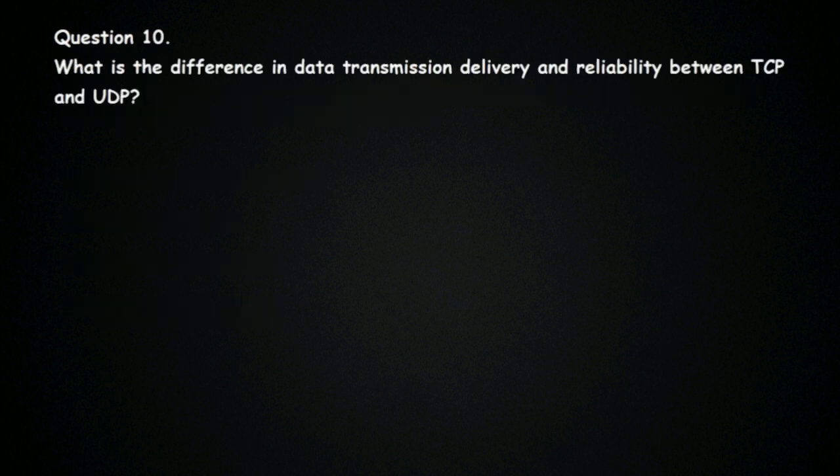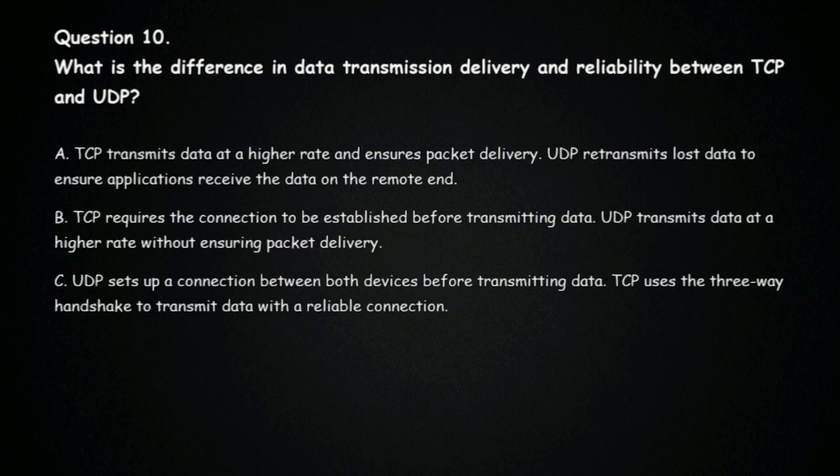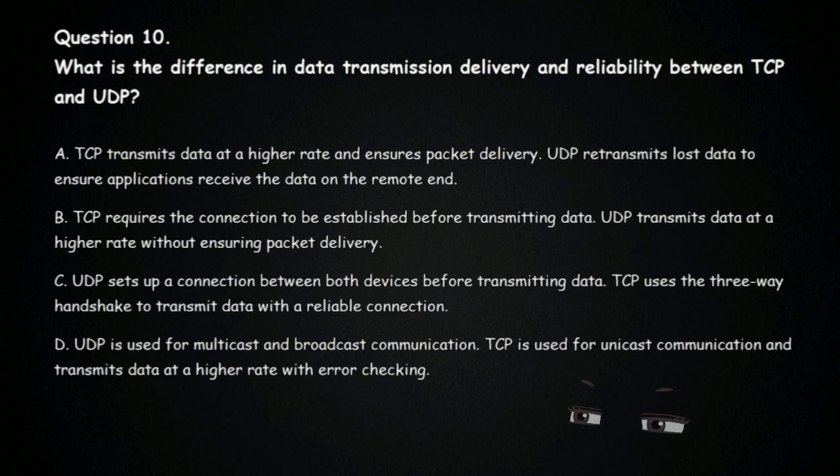Question 10. What is the difference in data transmission delivery and reliability between TCP and UDP? Correct answer is B. TCP requires the connection to be established before transmitting data.